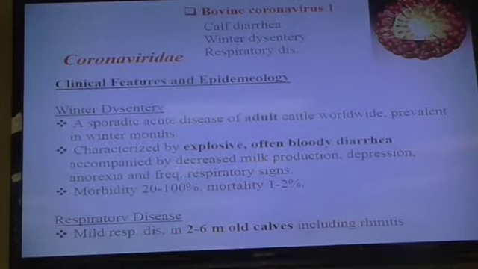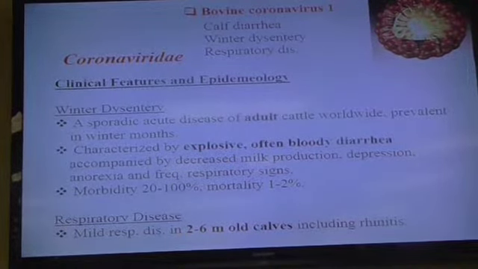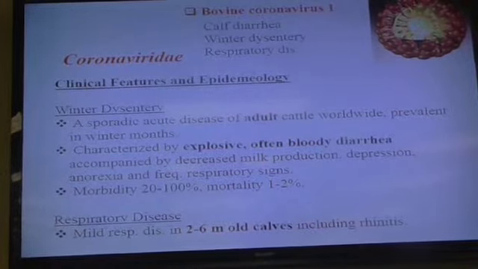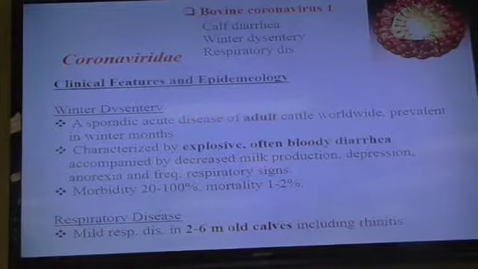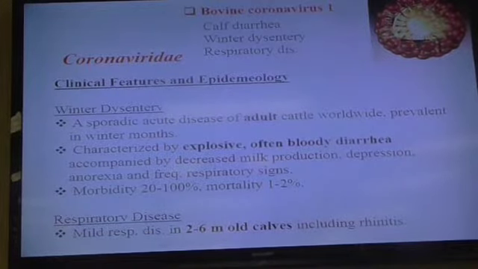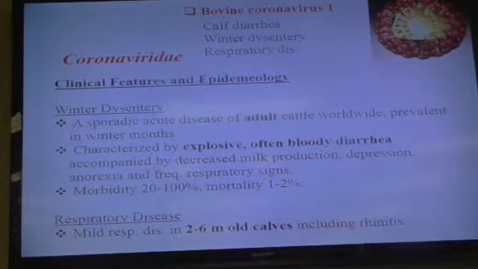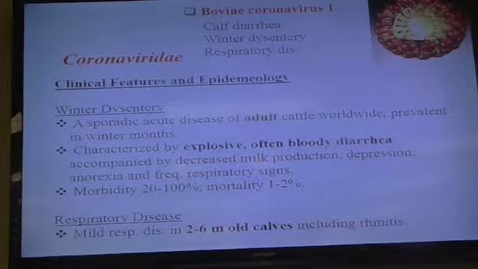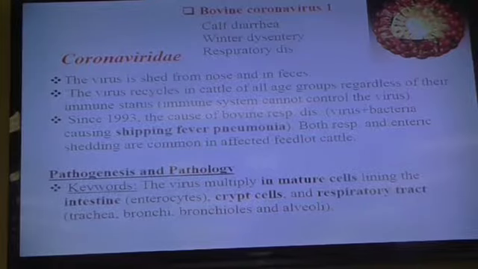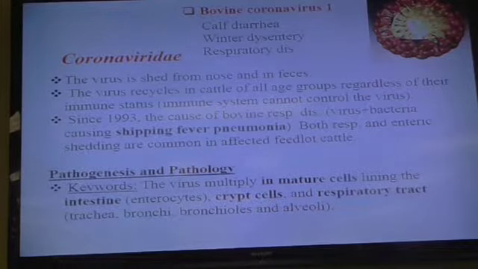Now, winter dysentery is the most serious one because of the explosive diarrhea, which is associated with the blood. The morbidity is about 20 to 100%, mortality, though, is low. In the respiratory disease syndrome, there are the usual respiratory symptoms: rhinitis, discharge, conjunctivitis, and so on.